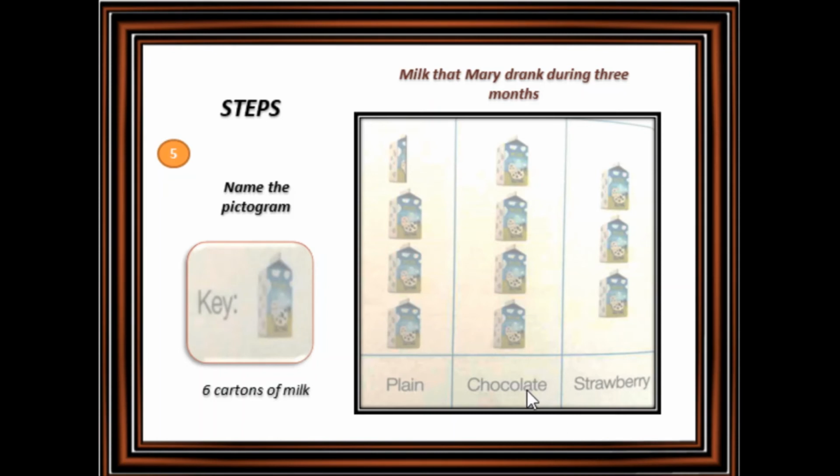For the chocolate flavor, she got to drink 6, 12, 18, 24 bottles of milk, chocolate flavor. And for strawberry, she got to drink 6, 12, 18 bottles of strawberry flavored milk. This is how you are going to make your own pictogram.